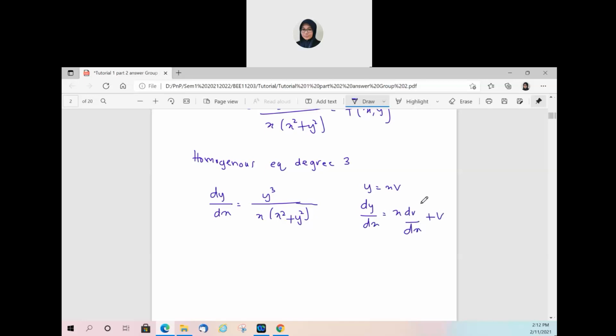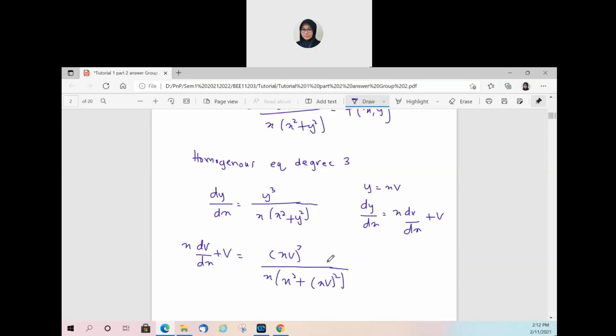So we replace y and dy over dx with this one. So x dv over dx plus v equals, y we replace with xv, so here you have xv divided by x plus xv.